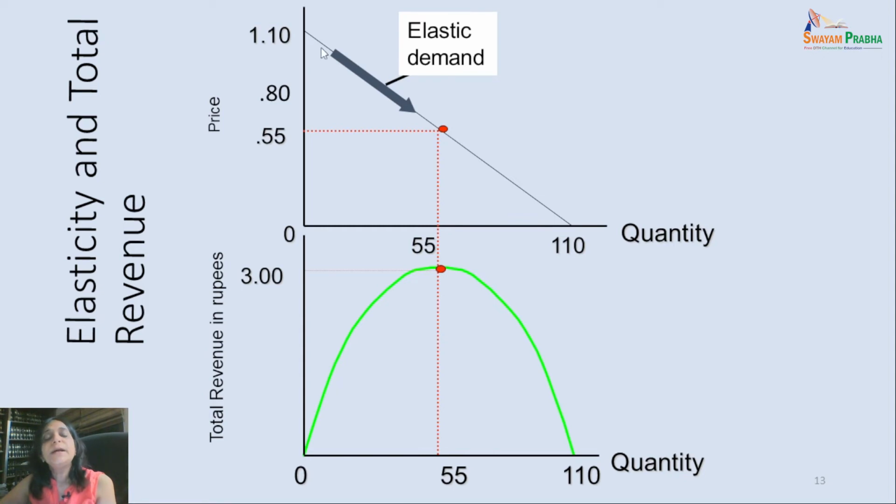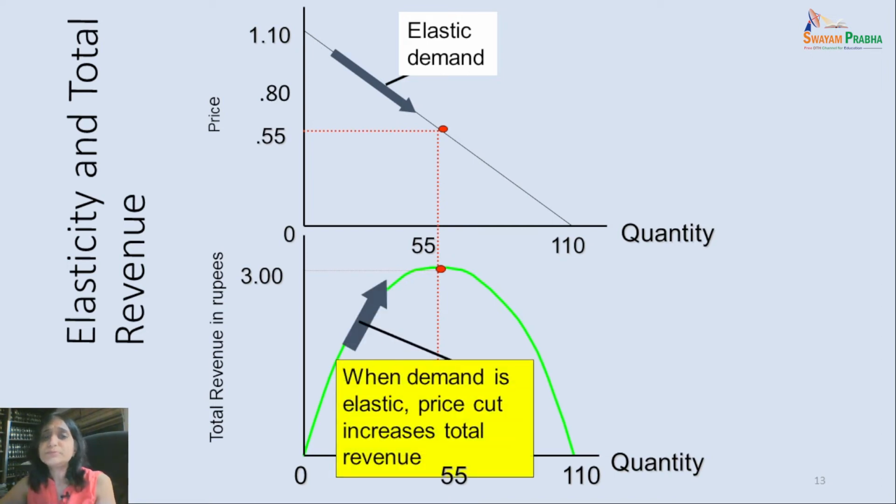As we know, on the same demand curve, your elasticity is different. If this red point on the demand curve is showing the midpoint, then above the midpoint of the linear demand curve, your demand is elastic, as we have just seen. At the midpoint, your elasticity is unit, and below the midpoint it is inelastic.